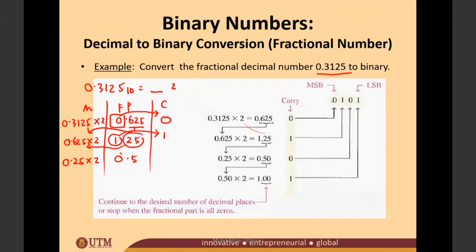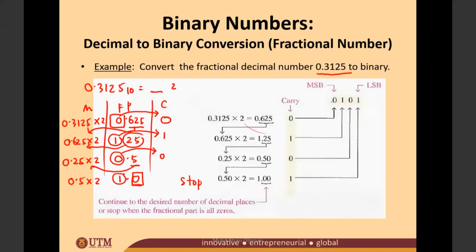So this become the carry and this one akan jadi kat sini. So 0.5 darab 2, so now you get 1.0. When the fractional part sama dengan kosong, so kamu stop.